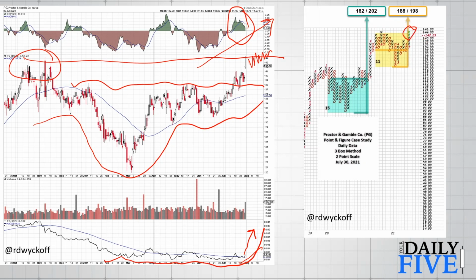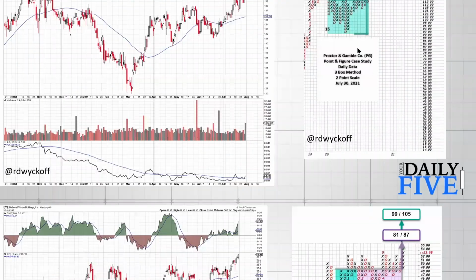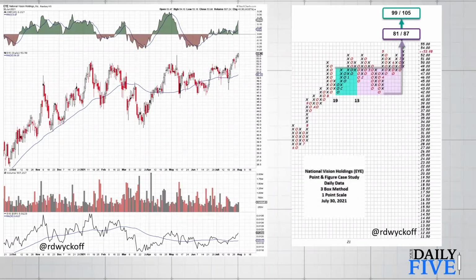This smaller count, which is built on top of the larger one, counts 188, 198, and confirms the larger lower count. Again, this is a nice type of confirmation that these two counts have validity. So we will watch for confirmation of a breakout here for the expectation that Procter and Gamble can get going. This is a very interesting chart.